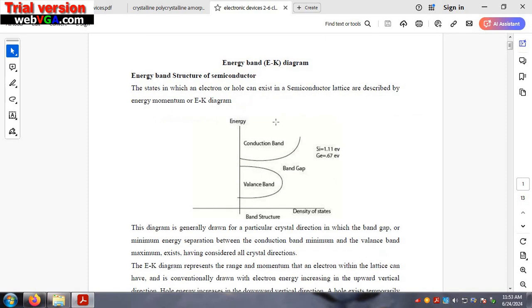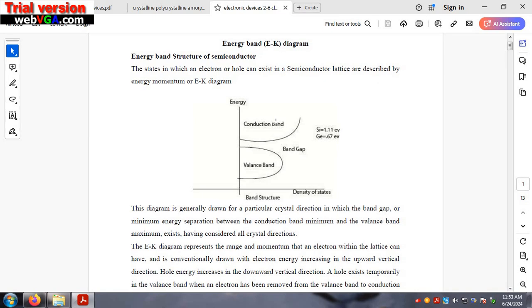So if you consider the energy inside any crystal or semiconductor material, with the density of states along the x-axis and the energy along the y-axis, you will find that two bands are there: the conduction band and the valence band.